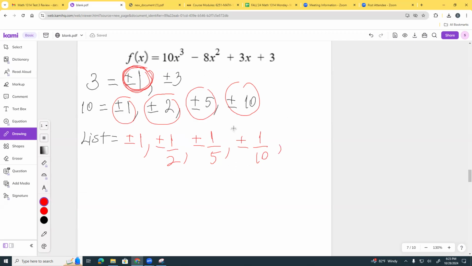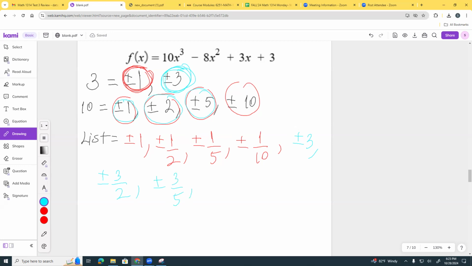We will keep doing this for 3. Next number in line is 3. Let's change color here. So we're gonna now divide 3 by 1. What is 3 divided by 1? 3. 3 divided by 2 is 3 over 2. 3 divided by 5 is 3 over 5.